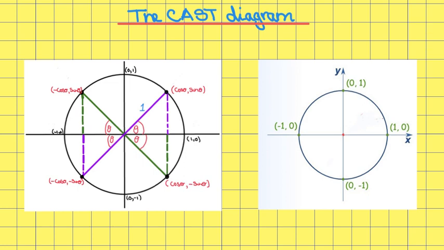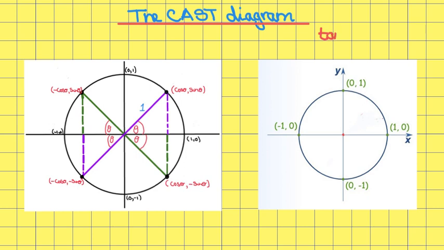We could then reflect it into the third quadrant and found that the point had the coordinates minus cos theta, minus sine theta, and then reflecting it back into quadrant 4, the point had the coordinates cos theta, minus sine theta. I'm now going to introduce a new definition for tan theta.